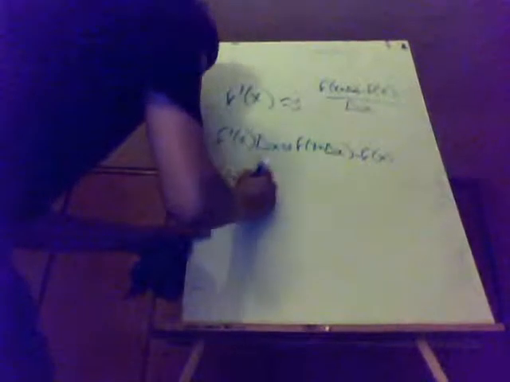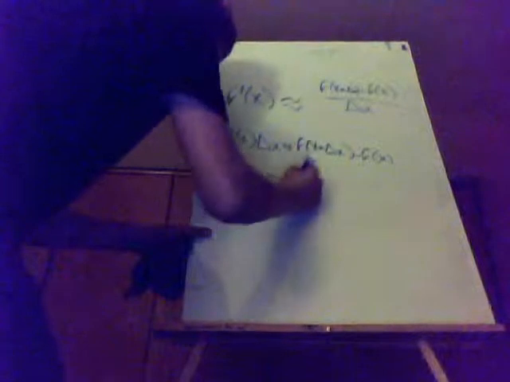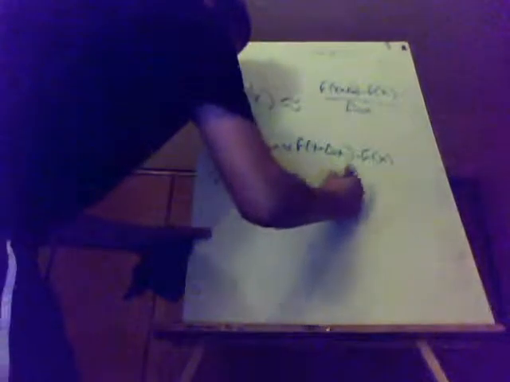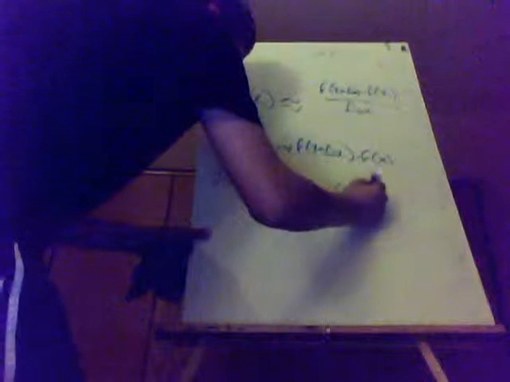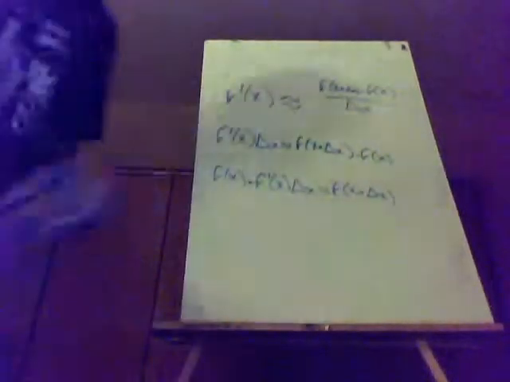So f of x plus f prime of x delta x is approximately equal to f of x plus delta x. Okay, that's our formula right there. So, how do we apply that? We're going to go through that right now.